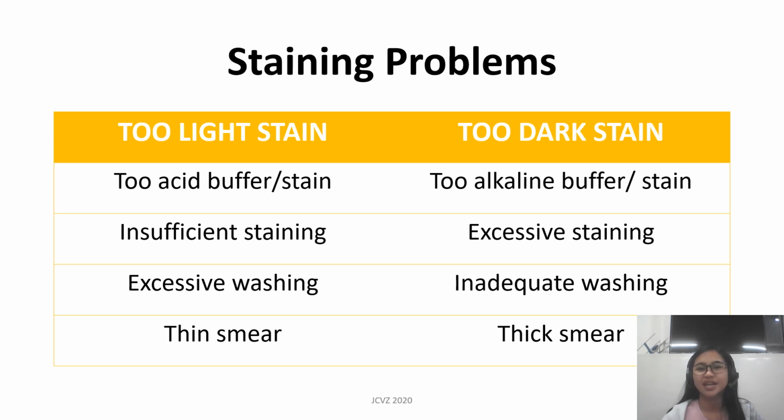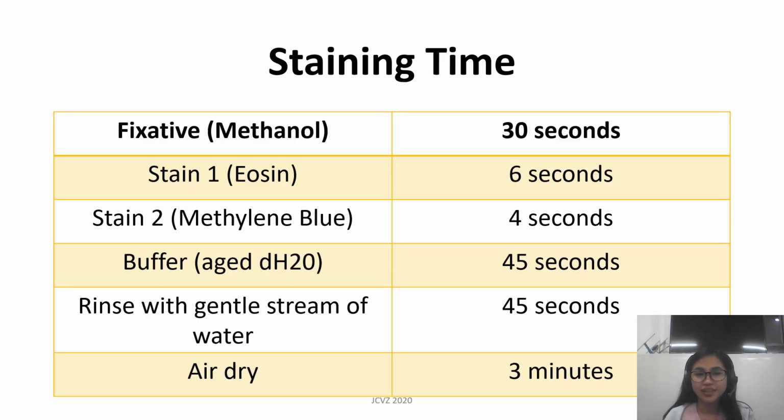For the staining time of our different staining components, we have mentioned earlier that we have our methanol, our eosin, methylene blue. We also have buffer, and finally tap water. Okay, so for the fixative, which is methanol, the staining time is only 30 seconds.